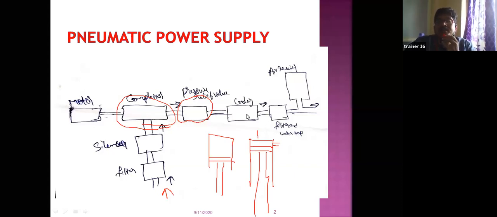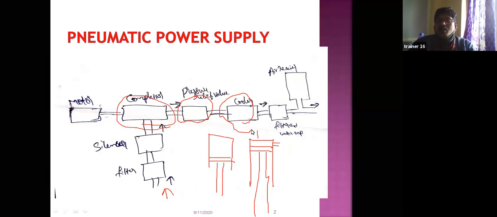Why do moist particles appear in the air? All of you know that moisture is there, right? When you apply pressure, the air becomes dry at high pressure and high temperature.